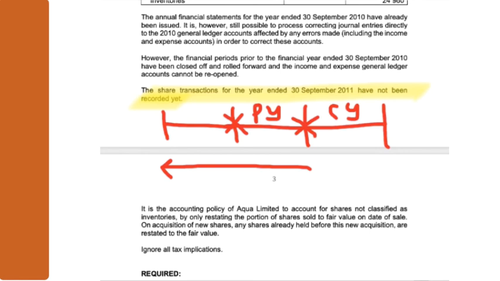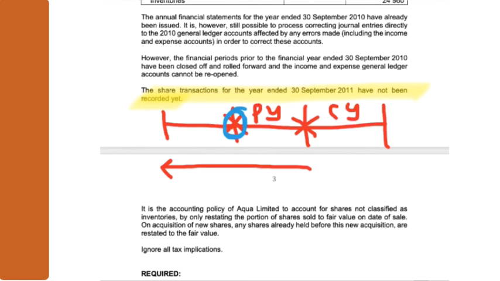And that third column that you need to show in terms of IAS 1 is the opening balance of your prior year. Well, the opening balance of your prior year is the same as your closing balance, in this case of 2009. The end of 2009 will be the opening balance of 2010. But the column is called opening balance of your comparative period, opening balance of the financial year ended 30 September 2010.